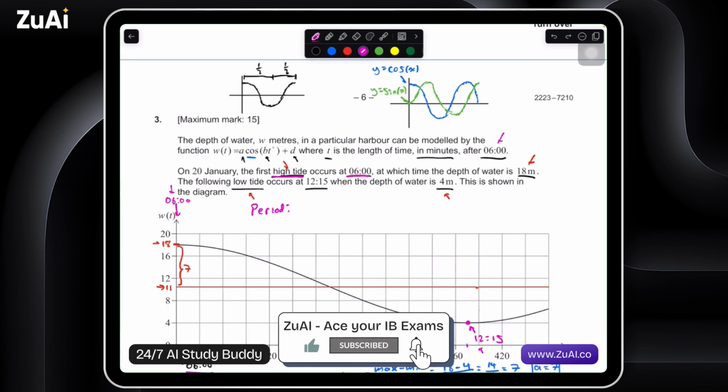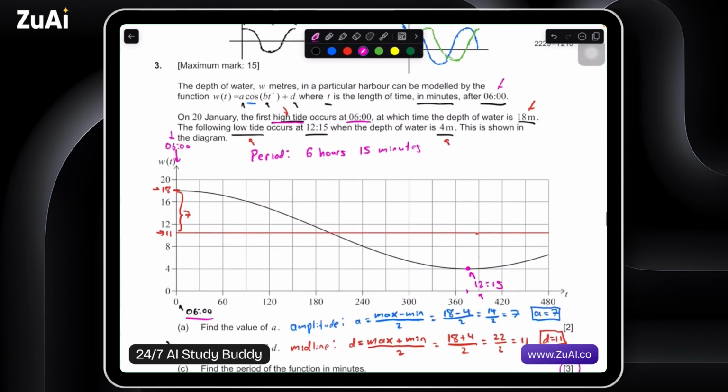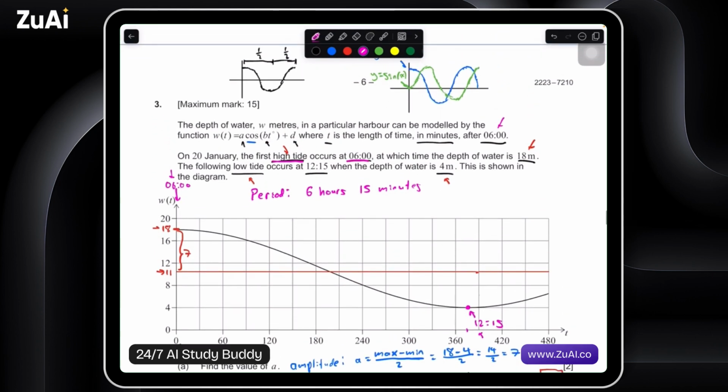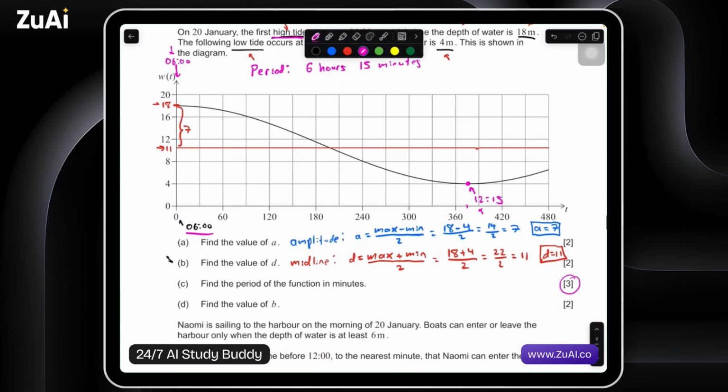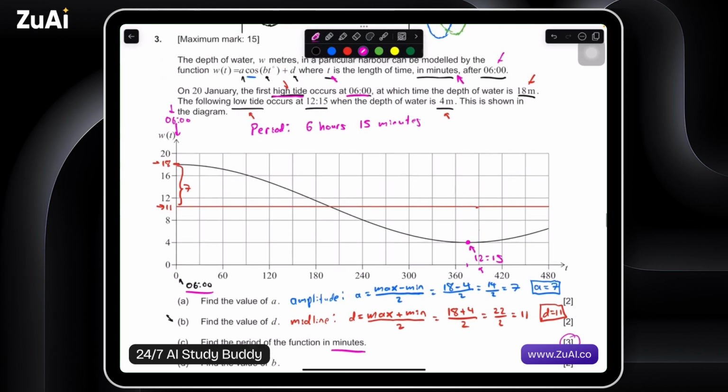Well, we have 6 hours and 15 minutes. But of course, the function won't really take hours and minutes, two different kinds of units. T itself is just in terms of minutes, and they're asking us to find the period in terms of minutes.